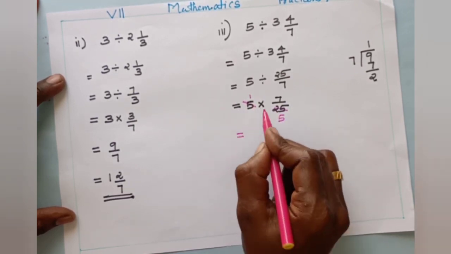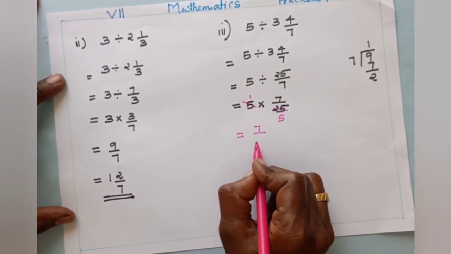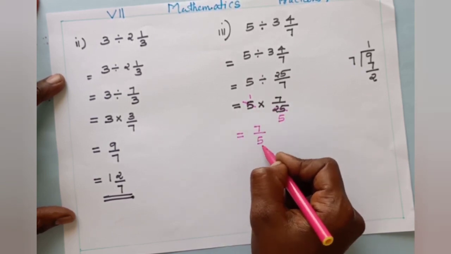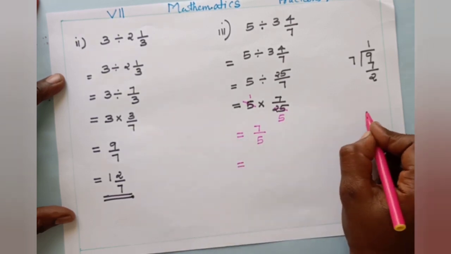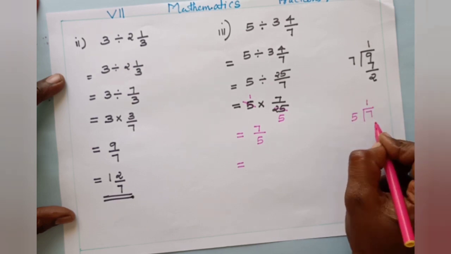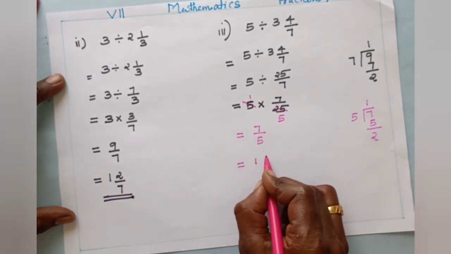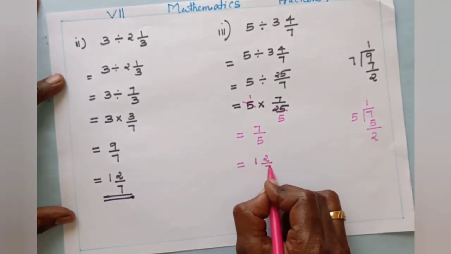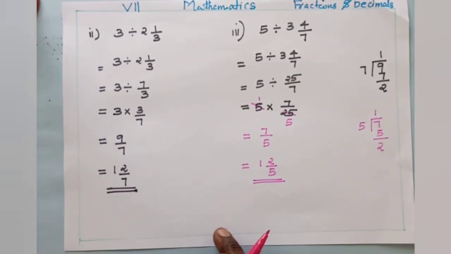So we get 1 into 7, 7/5. 7/5 is an improper fraction. Convert into mixed. 7 divided by 5: 1 5 is 5, remainder 2. Quotient and remainder by divisor: 1 and 2/5 as an answer.